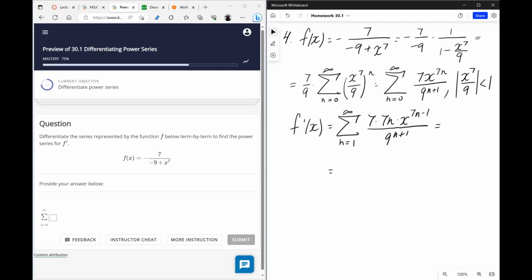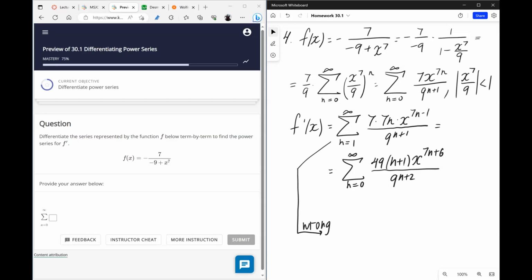And then I'm going to change the index. So we have 49 times n plus 1, x to the power 7n plus 6, divided by 9 to the power n plus 2. But I'm going to also write the wrong answer here.